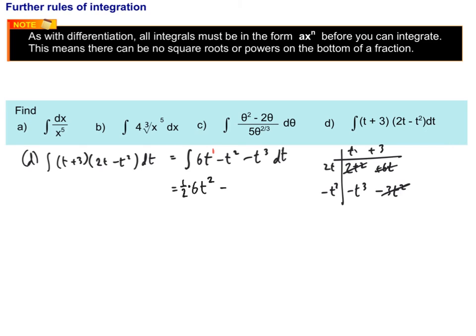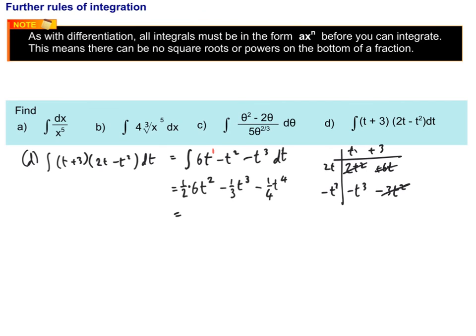Take away t to the power of 2, so I increase the 2 to a 3, and I divide by that new power. Minus t cubed, well, I'm not cubing it, I need to increase that power and divide by that new power.